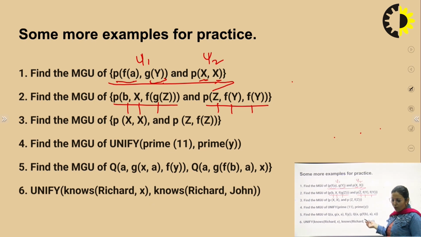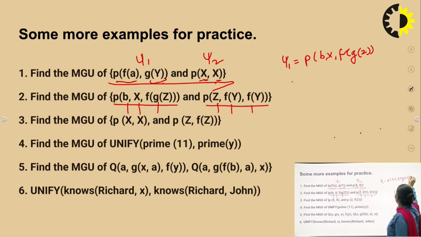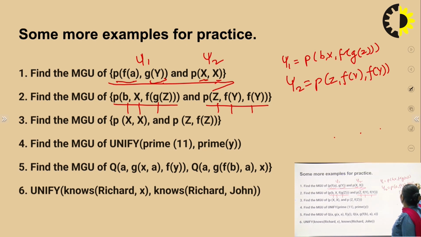Right? Then how can we substitute? Let us suppose psi1 is P of B, comma X, comma F of G of Z. This is the first expression, and the second expression is P of Z, comma F of Y, comma F of Y. Now how can we unify them?